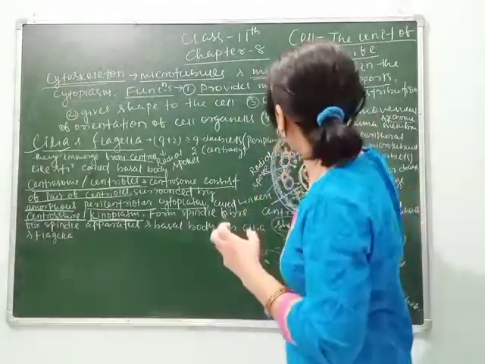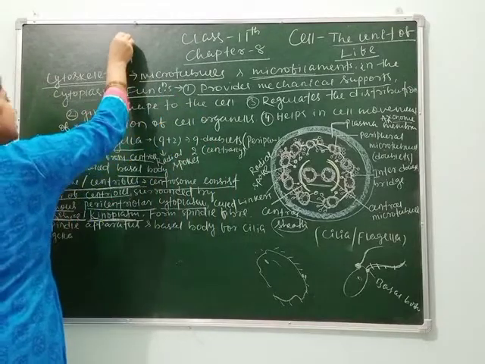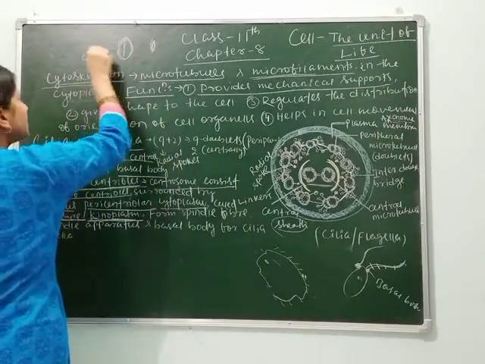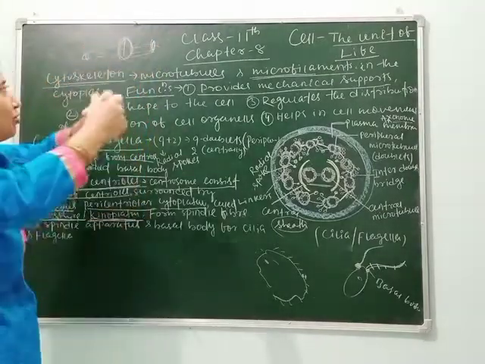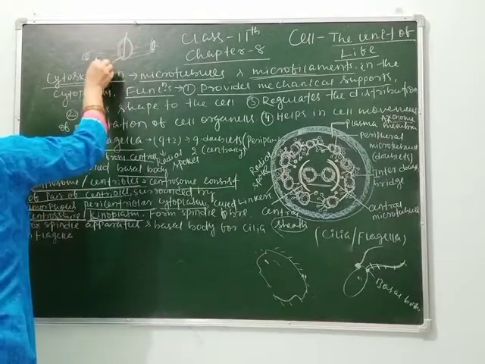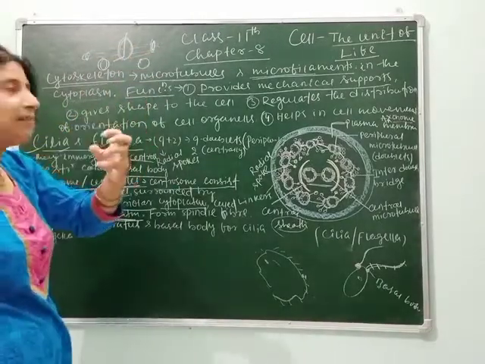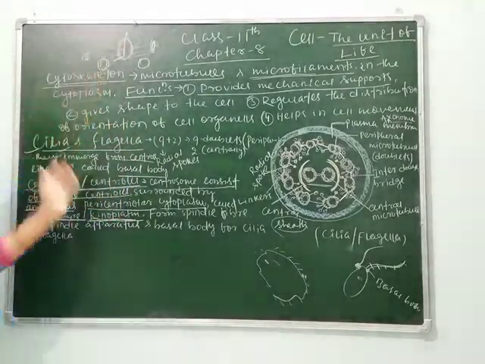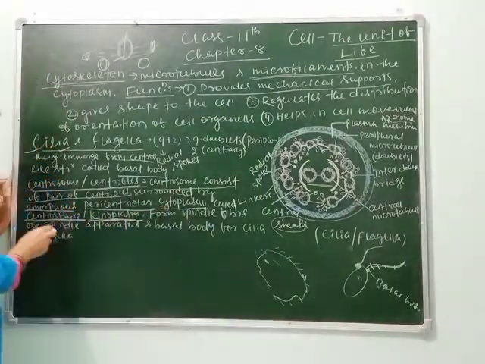During cell division, what happens? The cell is like this, inside is the nucleus, and here is the peripheral part. The spindle fibers are arranged like this. They form spindle fibers, due to which the chromosomes are separated, means one goes to this side and another goes to this side. These spindle fibers attach to the central part of the chromosome. Then what happens?